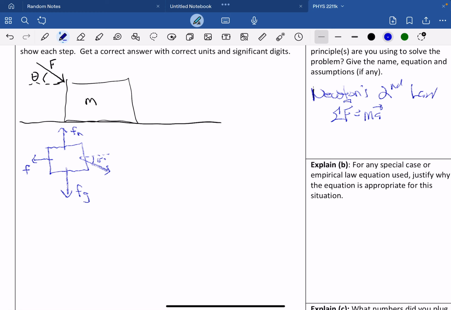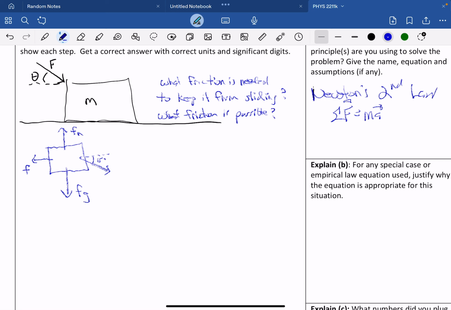So in order to figure that out, what we're going to try to figure out is, first, what friction is needed to keep it from sliding, and secondly, what friction is possible. Those are the two questions I need to answer to figure out if it's going to slide or not.